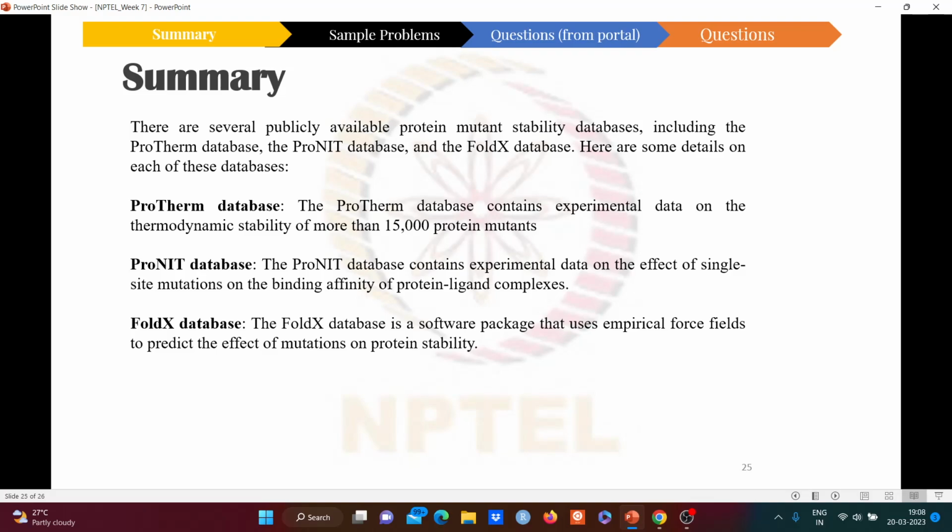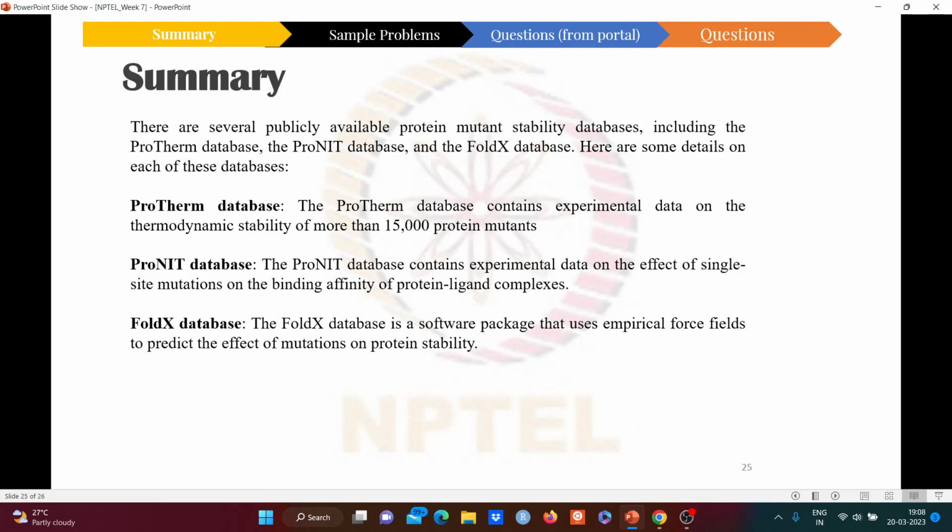Next is ProNIT, which has data on the effect of single-site mutations on binding affinity of protein-ligand complexes. Each entry in the database includes information on the protein sequence, the type of mutations, the binding affinity of the complex before and after mutation, and the experimental conditions under which the mutation was performed.